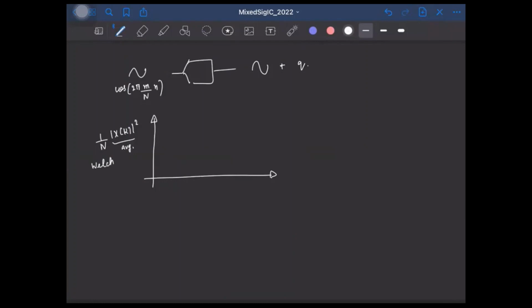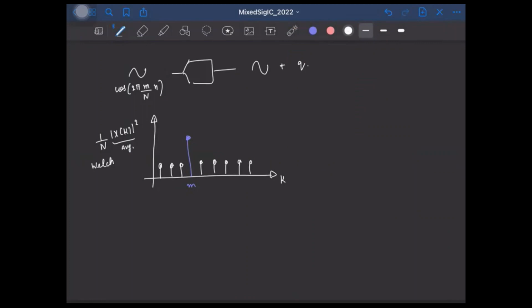right? So how it will look if we made sure that the sinusoid is lying on a bin, the output spectrum will have one impulse, a discrete time impulse corresponding to the mth bin. Again, this is k. Okay, and we'll have the quantization noise filling up the rest of the bins, right?